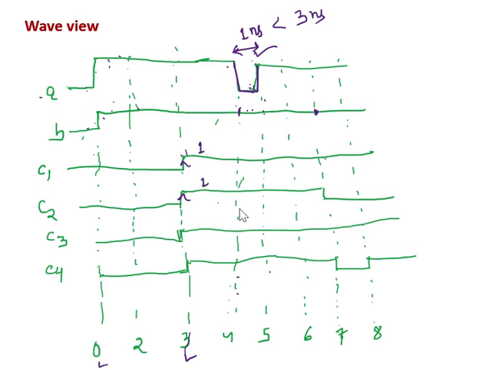After this transition at C2, it will again check for changes in A and B. At 4 nanoseconds there is a change at A, the transition is from 1 to 0. So 0 into 1, it is an AND gate.